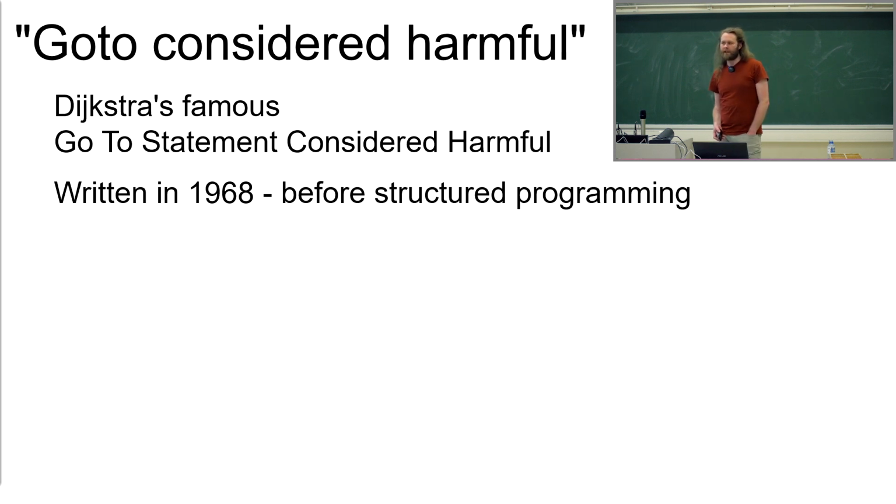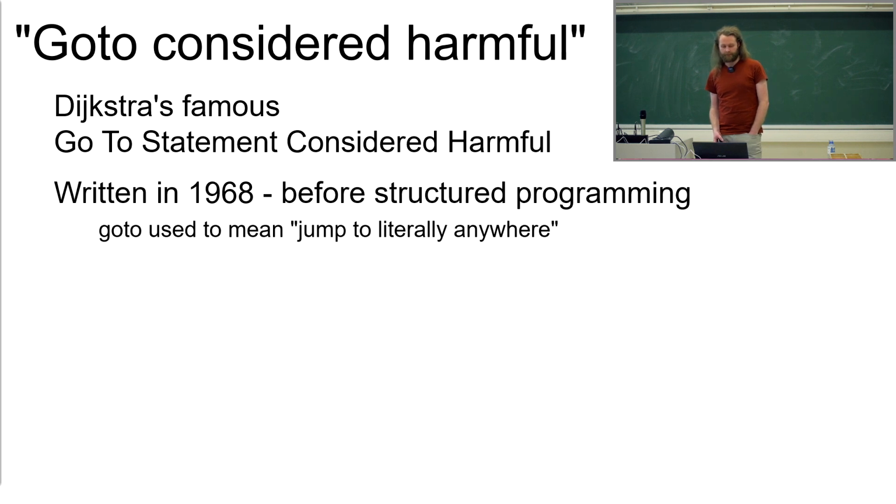You just had labels, and a block of code has a label, and you can jump around anywhere at any time to any label in any place for any reason, and those could be anywhere. So goto used to mean jump to literally anywhere, halfway through what is conceptually considered to be a function.